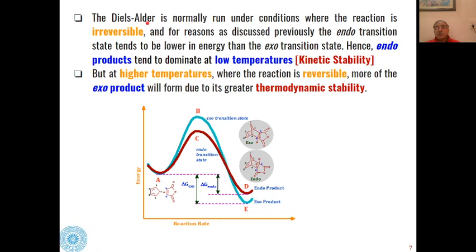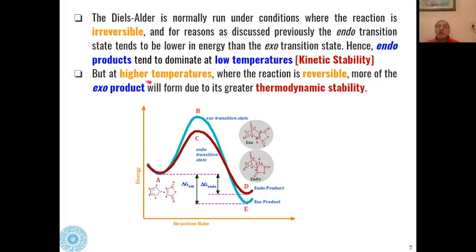So in conclusion, Diels-Alder is normally run under conditions where the reaction is irreversible. When the reaction is irreversible, the endo transition state, which is lower in energy than the exo transition state, will be followed, and endo products will dominate at low temperature, and this is called kinetic stability.